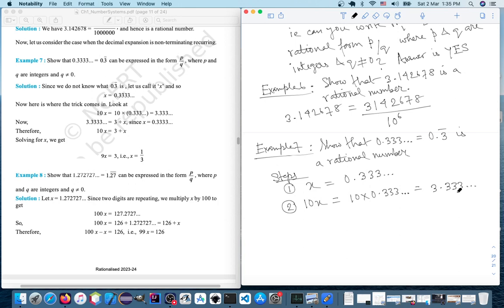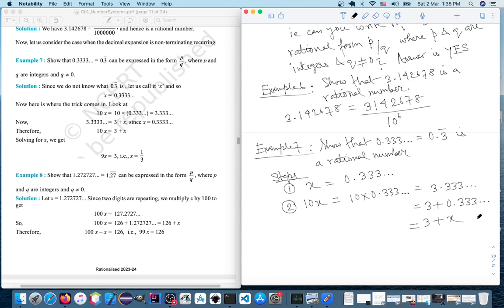Now 3.333 can also be written as 3 plus 0.333. This 0.333 is the same number that we were given, it is x, so we can write it as 3 plus x.